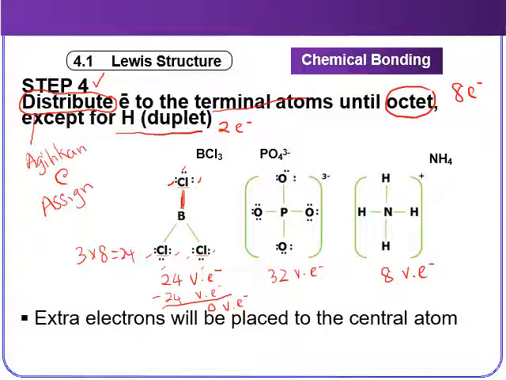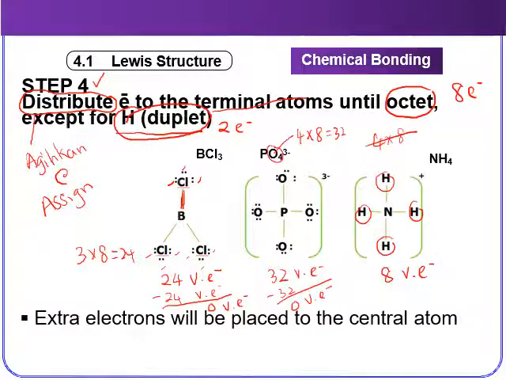Okay, the same case happens to PO4 3 negative. We have 4 terminal atoms here, and each terminal atom is going to achieve octet. So 4 times 8 equal to 32. So again, PO4 3 negative also doesn't have extra valence electrons. Okay, but this time we have 4 hydrogen, but we are not going to multiply 4 by 8, because just now we already mentioned hydrogen always achieves duplet.